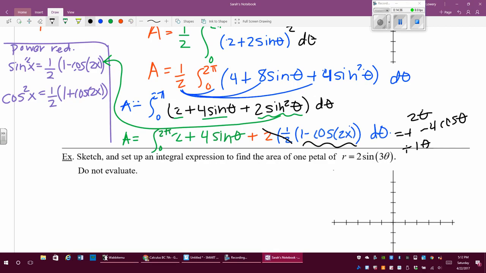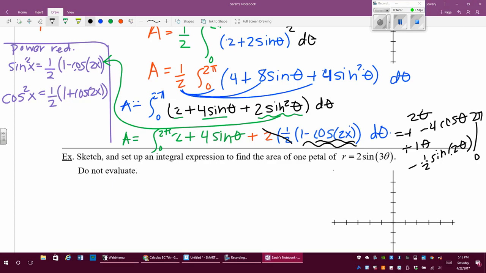And then my antiderivative of negative cosine of 2 theta is going to be negative 1/2. I ran out of room. Sine of 2 theta. And you're going to take this and evaluate it from 0 to 2 pi.